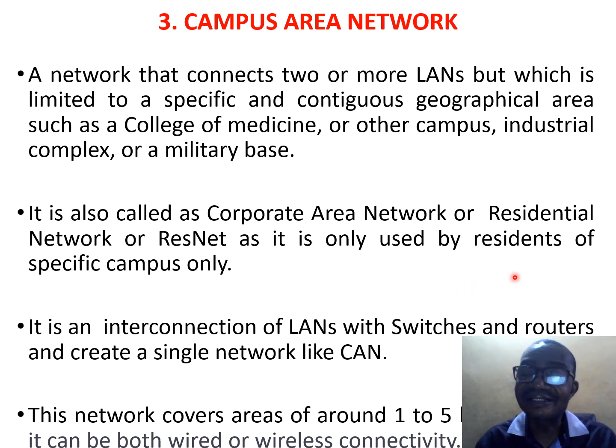In a campus area network, usually it involves the interconnection of two or more local area networks, and we often make use of switches and routers in establishing these connections.